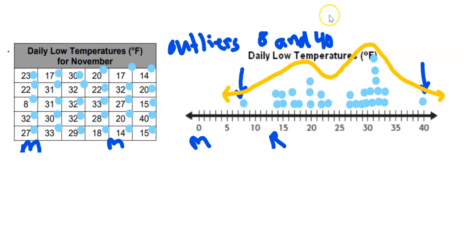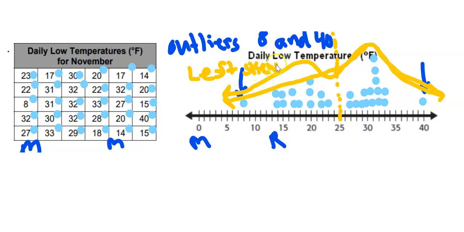So this data, if we go straight down the middle, it appears that it's more or less probably more slanting this direction towards the left, because then you just have this one little drop off over here. So this one we're going to consider to be left skewed because most of the data is towards the right hand side of our dot plot, way over here in this cluster. These are spread out pretty evenly, so it's going to be kind of a little even slide down.